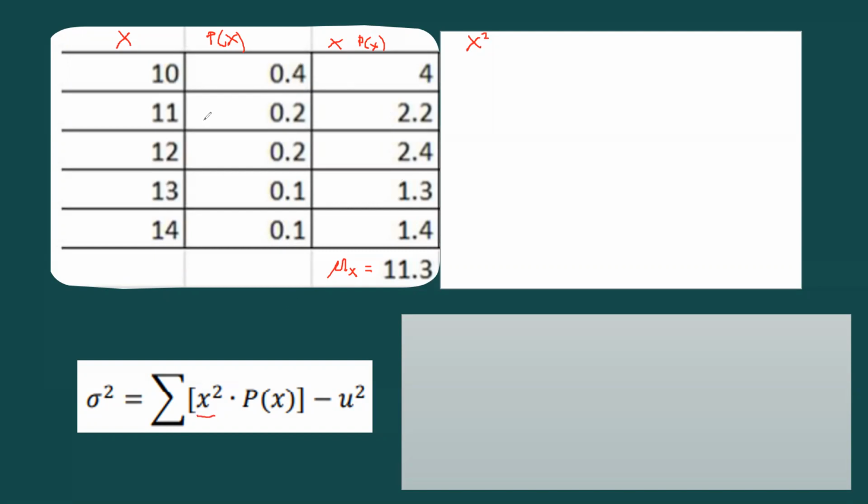Square the x. So ibig sabihin, that is 100, 121, 144, 169, if I am not mistaken, and 14 times 14, it's 196.